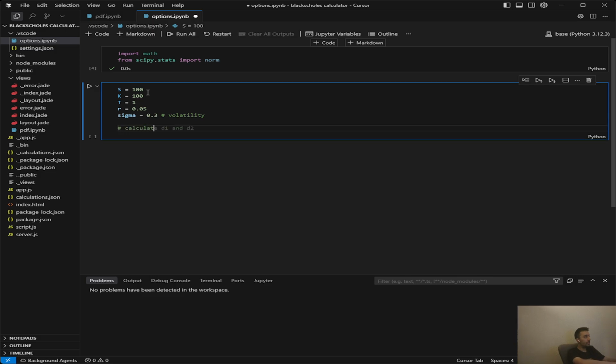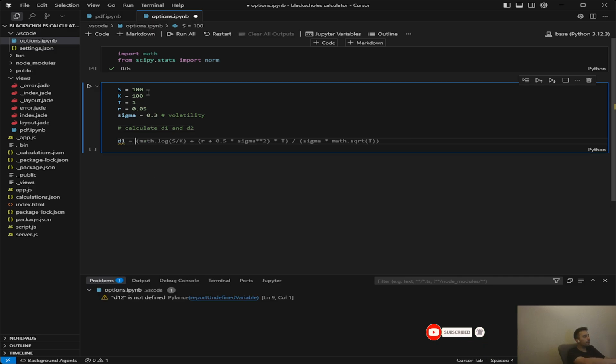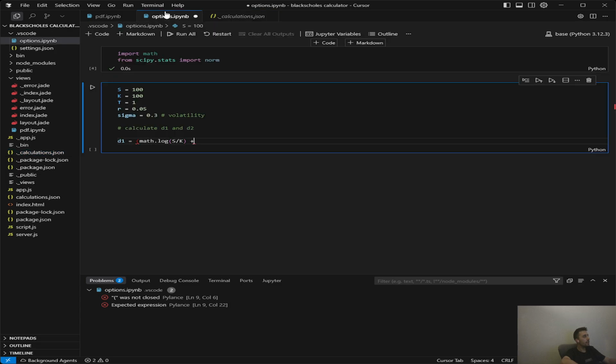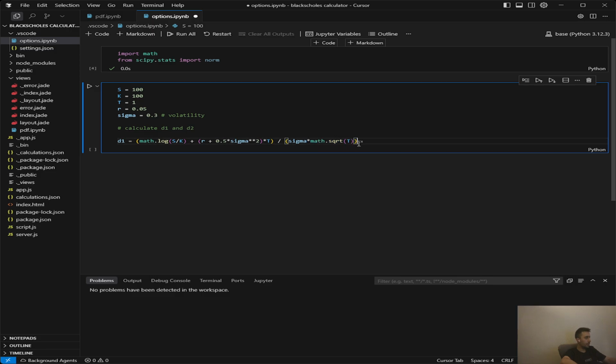Anyway, calculate d1 and d2. The keyword: d1 is log of S over K, plus r plus 0.5 sigma squared times T, divided by sigma times the square root of T. That is the d1 formula.